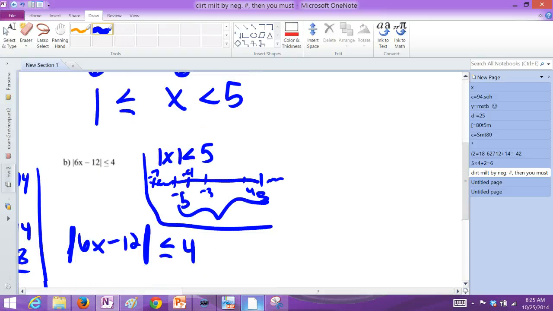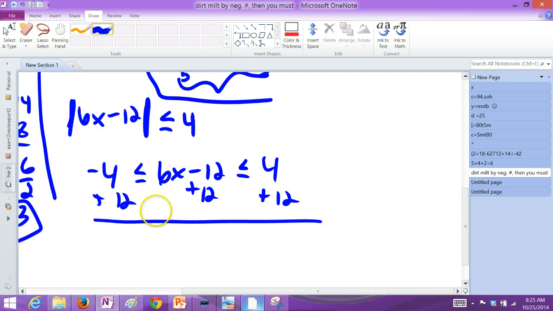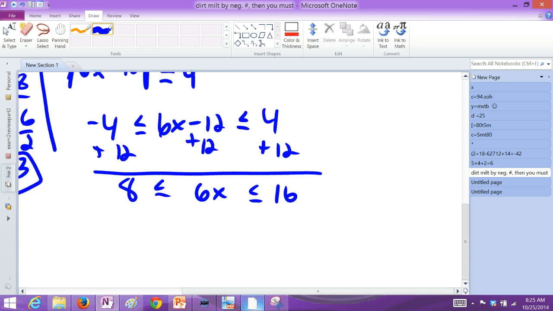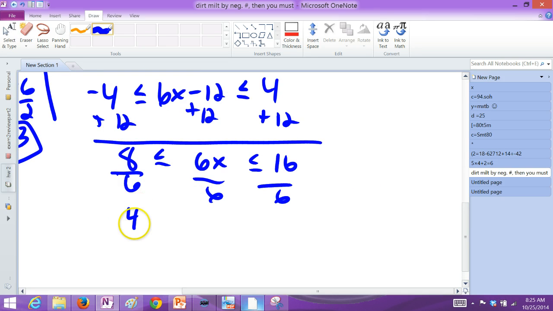We can solve them both at the same time. Add the 12 to all three parts to get 8 is less than or equal to 6x, which is less than or equal to 16. Divide by the 6 to all three parts to get 4 thirds is less than or equal to x is less than or equal to 8 thirds.